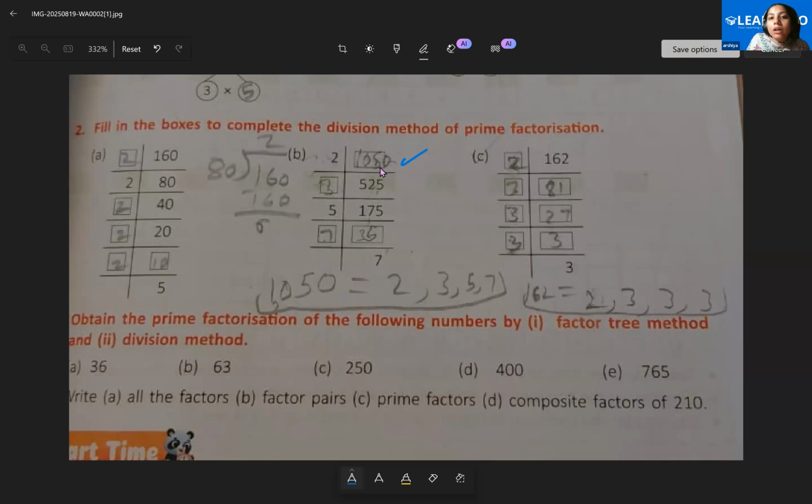Okay, so you divide 1050, and what did you divide one? Okay, wait. Yes, this is correct. Now you're dividing. I just remembered, I divided 175 with 3. Yeah, so this is correct. This one is correct.